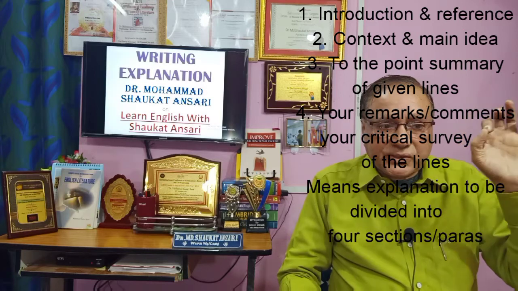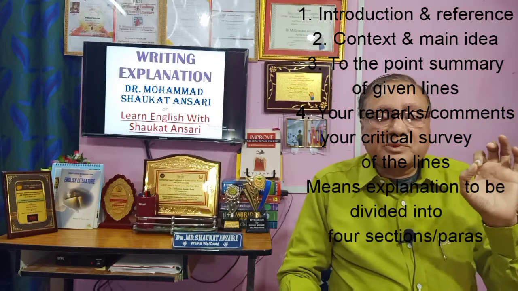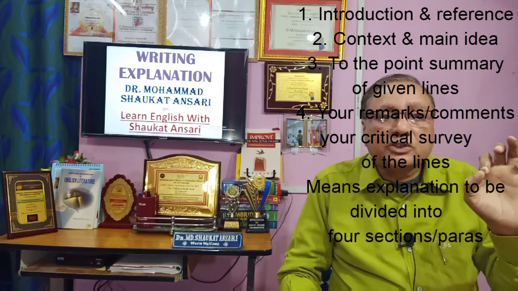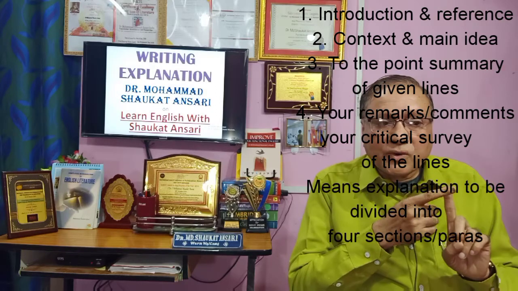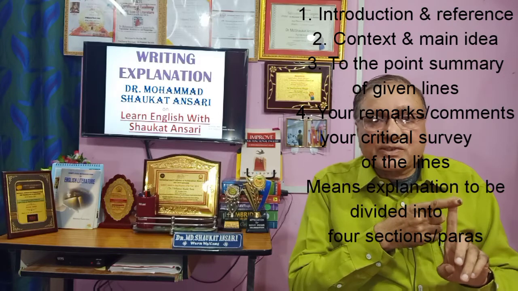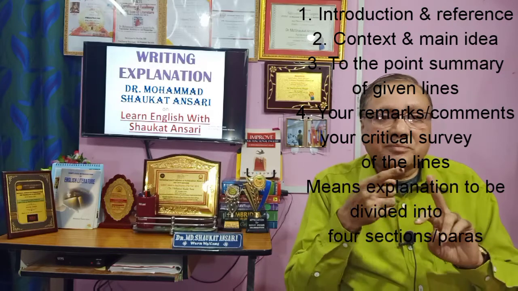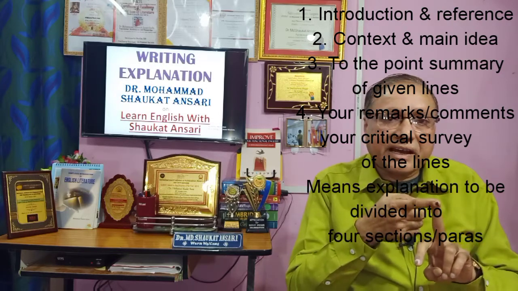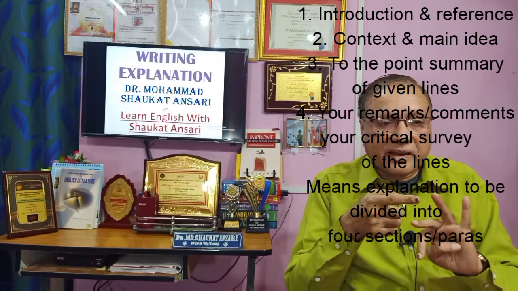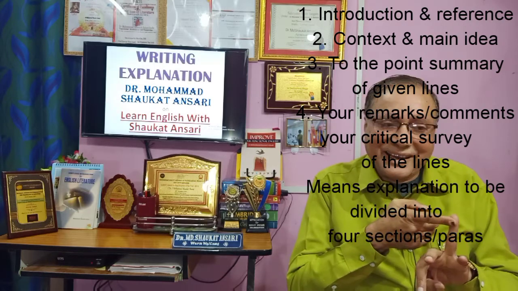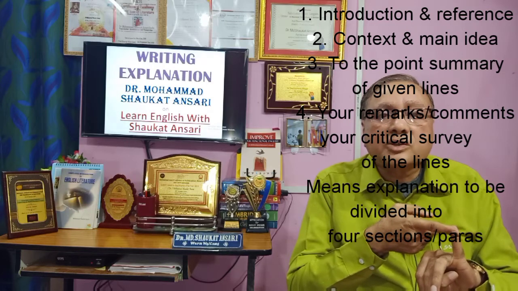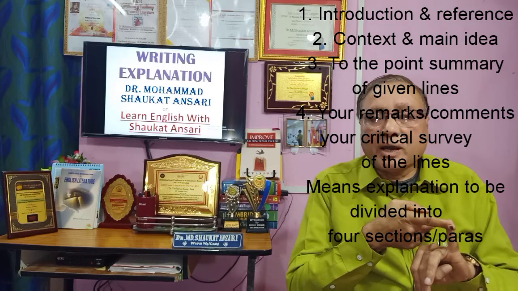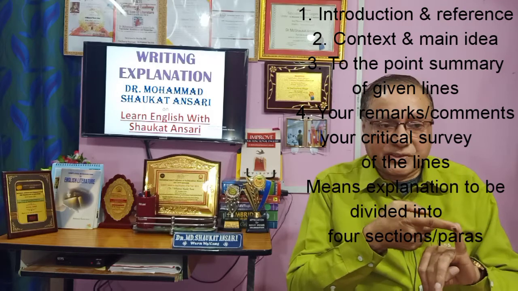And the fourth section must be critical comments on your part. So, number 1, introduction and reference. Number 2, context and perspective. Number 3, summary of the given lines. And number 4, critical comments on your behalf. You have to supply critical comments there.